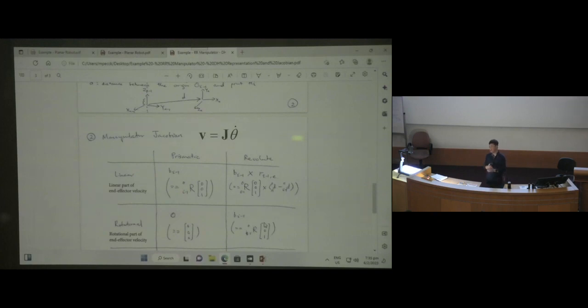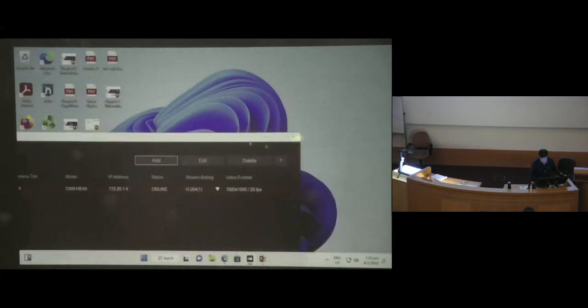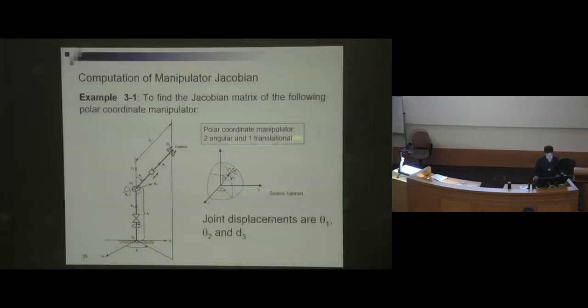For a planar robot you don't have to think about the rotational part. You only have the linear part that you need to worry about. For the RR robot, which comprises 2 revolute joints, there isn't any prismatic joint.